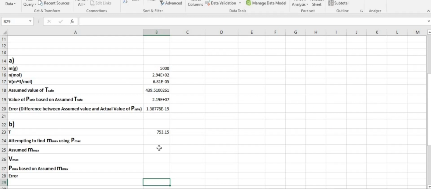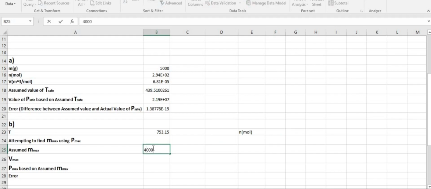So we'll have a new value of n, compute a new value of n in moles, which is equal to the reactant mass divided by the molar mass. But we don't know the reactant mass, and we are going to assume it. So we're told to assume a value between 2 and 7, so we can take maybe 4 kilograms.